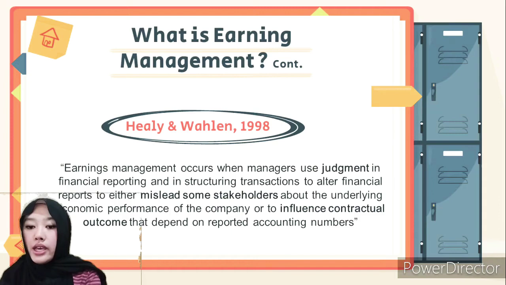This definition captures both the costly contracting approach, where earnings management is used to influence the contractual outcomes, and the informational approach, where earnings management is used to mislead the stakeholders.